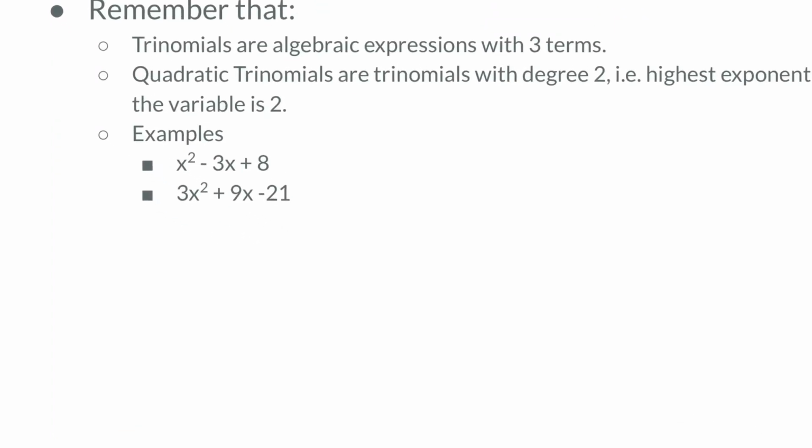You've seen them obviously before a lot. These are both examples of quadratic expressions. They're not equations because they're not set equal to anything. They're just expressions. And we'll specifically look at how to factor these expressions.